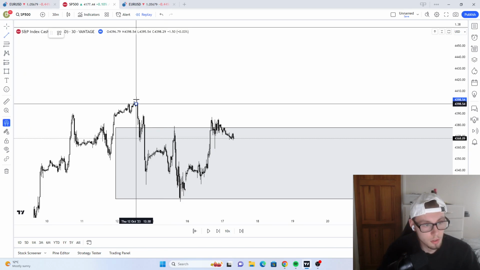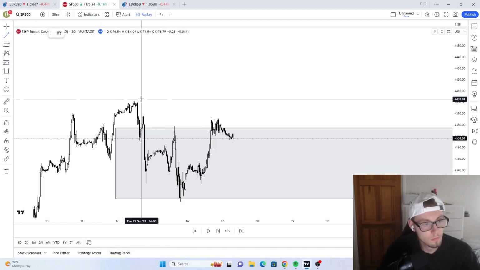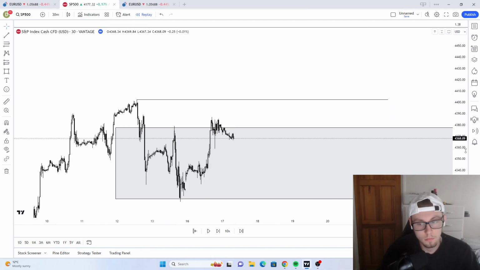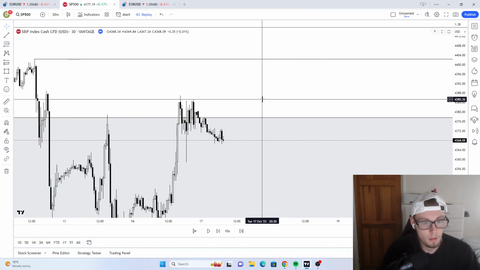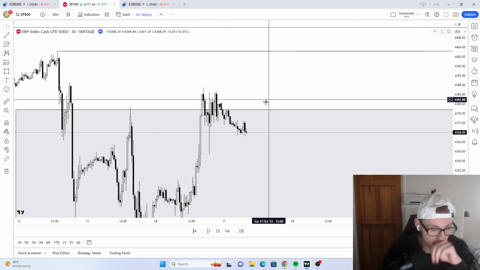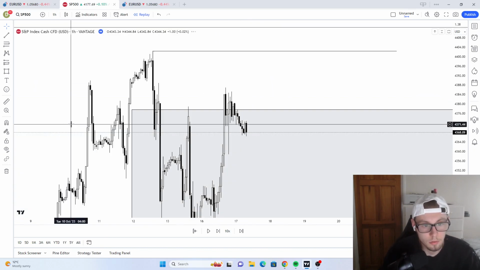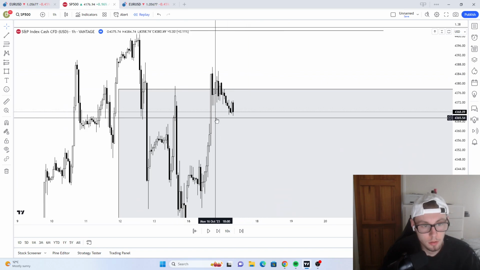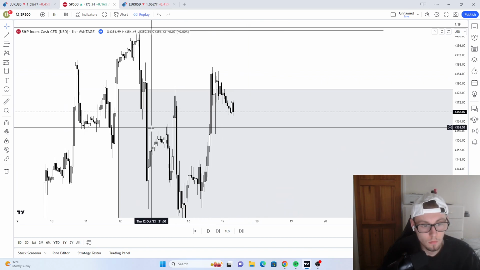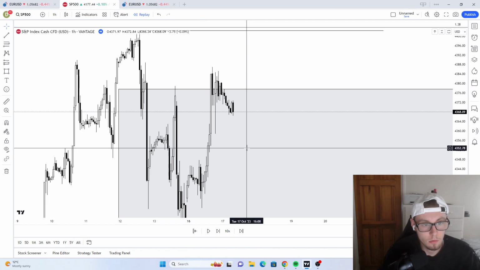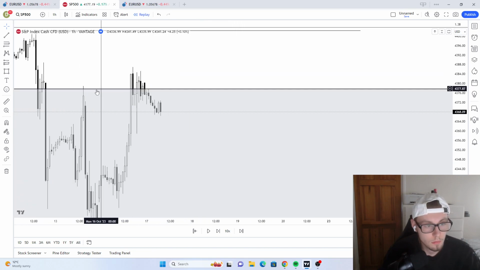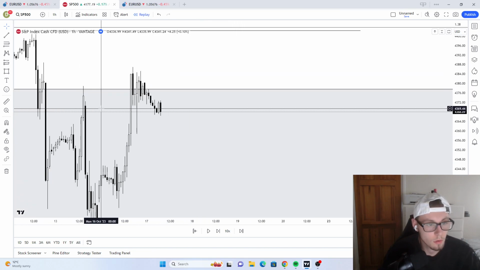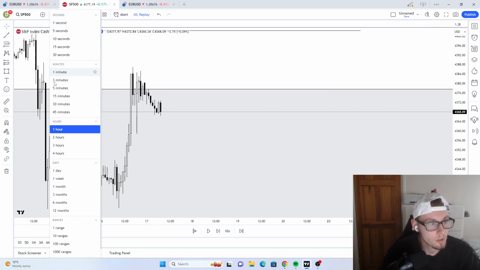Our target's going to be this. And then what do we have? We'll go to a 1 hour chart. We don't have a break on this. Bearish currently.